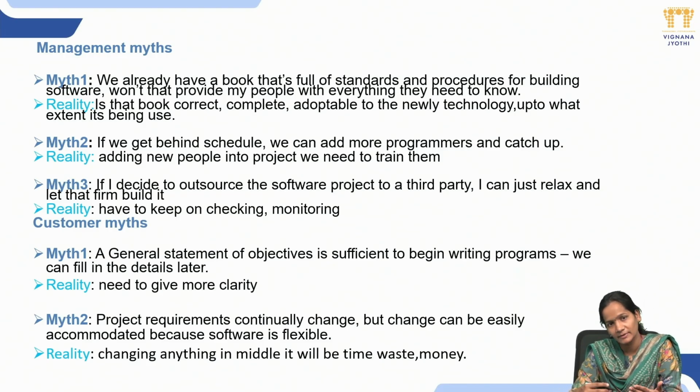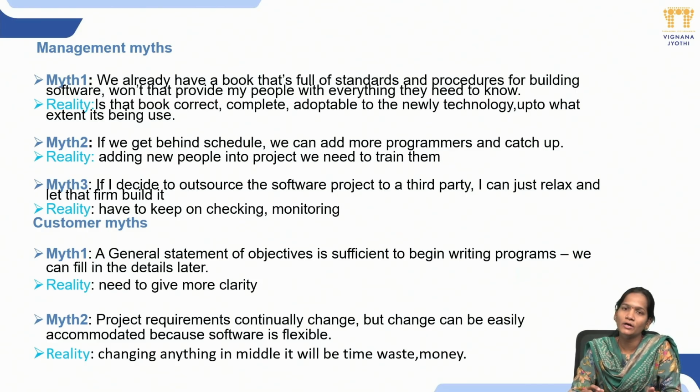So these are the three myths from the management side. The first myth is: we have everything in the book, so we can follow that book and easily develop the project. The reality is whether the book is updated or not. The next myth is: if we go behind schedule, we can recruit new people. But the reality is that we need to explain everything to them. That is myth two. And myth three is: if I hand over my project to a third party, I can just sit and relax.